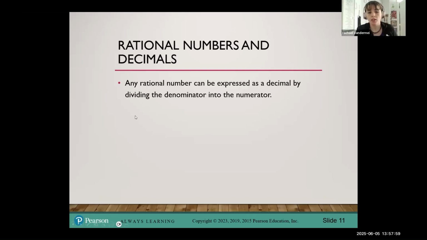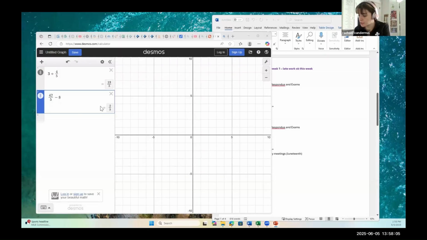What about a bigger one, like there was one on the homework? Let me find it, one sec. It wasn't that big, but it was 56/25.